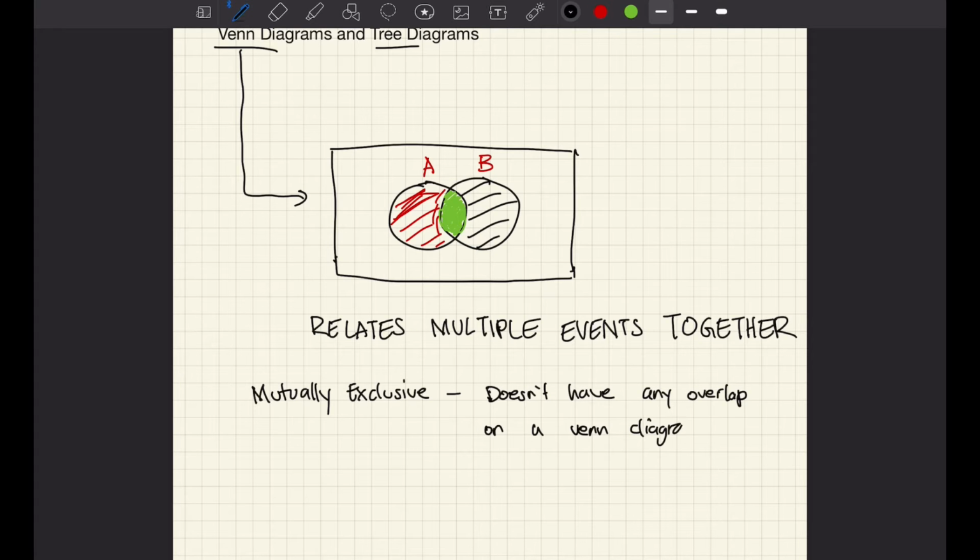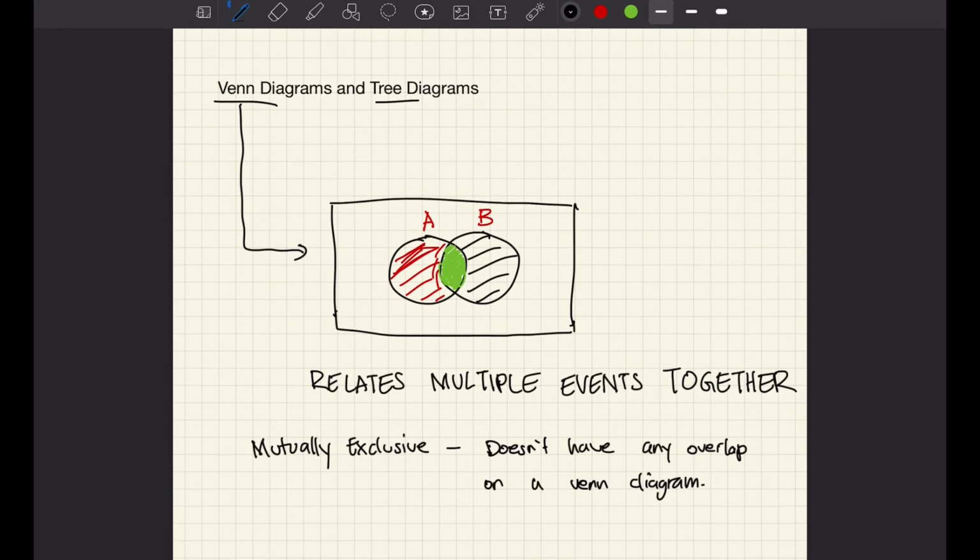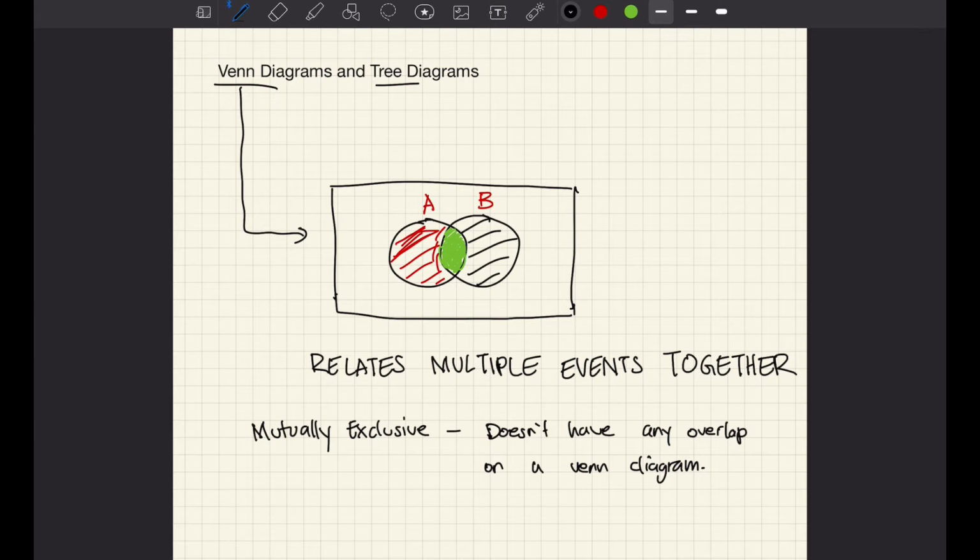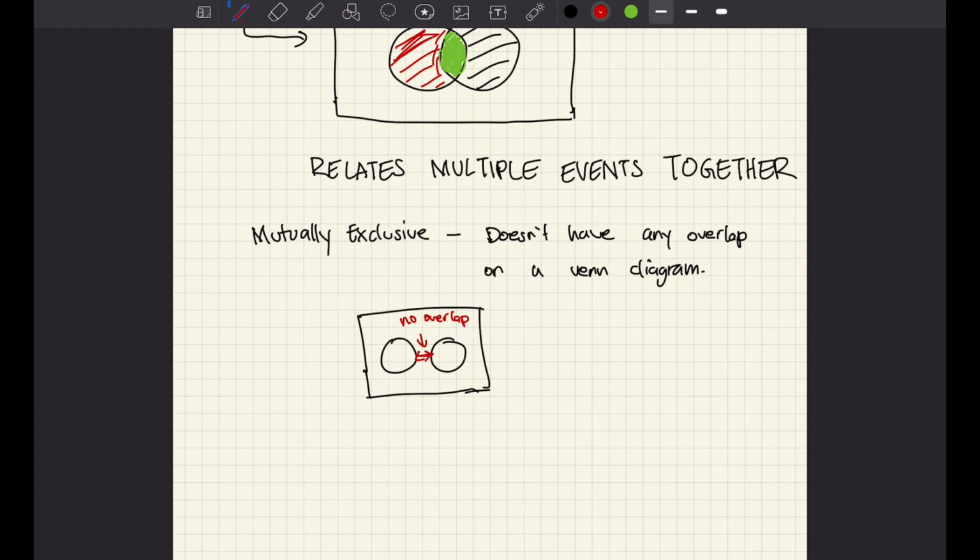So that's not the official definition, but I think it's quite an easy way to think about it, because what it is, it's a box like this with one circle and no overlap. Okay, so they are two events that have nothing in common with each other.